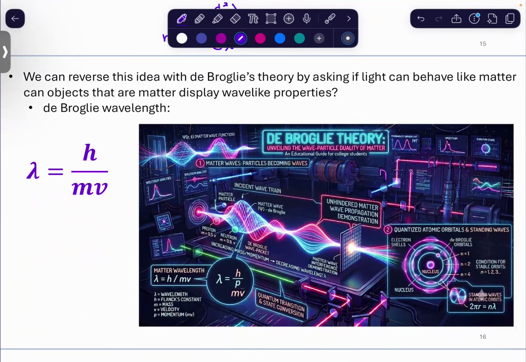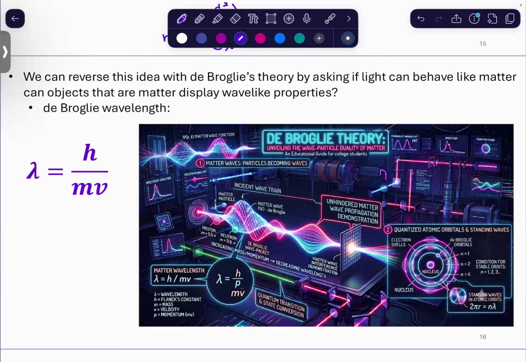Another thing, we can reverse this by looking at de Broglie's theory, where it's like, well, can matter display wave-like properties? And yes, it can. For example, if you throw a baseball, it actually does have a wave function. You can calculate wavelength, all kinds of stuff.